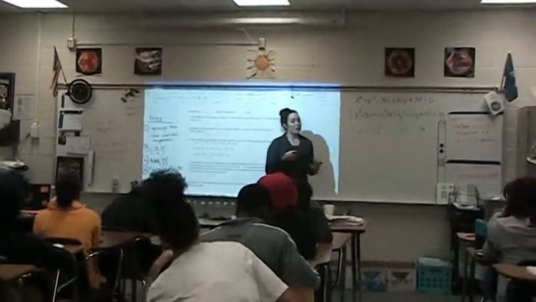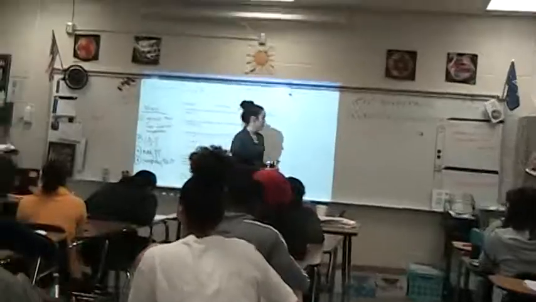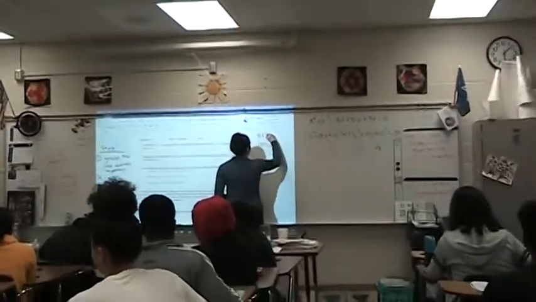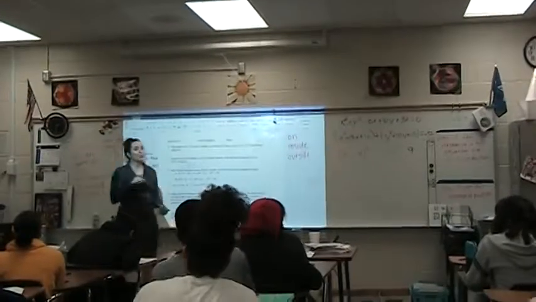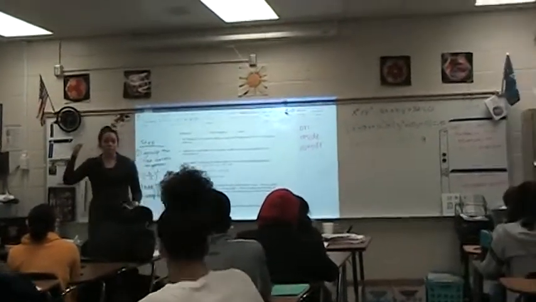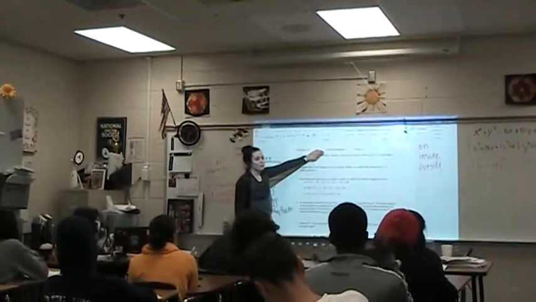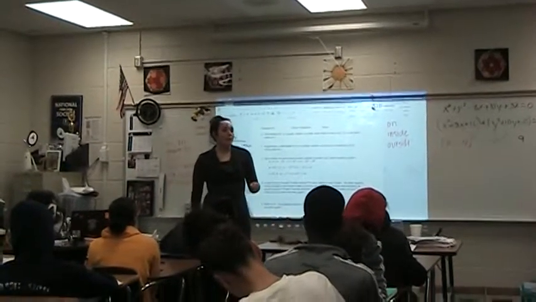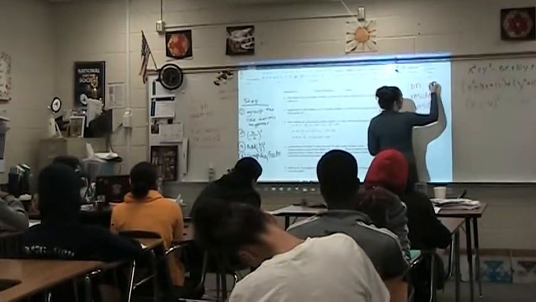You can either be inside a circle, on a circle, or outside a circle. I would suggest writing this down. If you're on a circle, that means you're equal to the equation. So I would take a point and plug it into my equation. If the left side equals the right side, then I am on my circle.